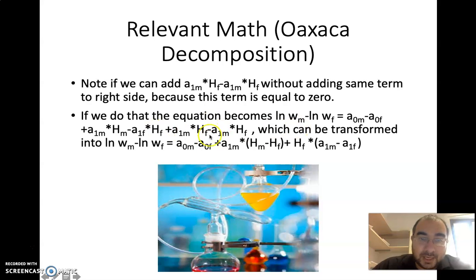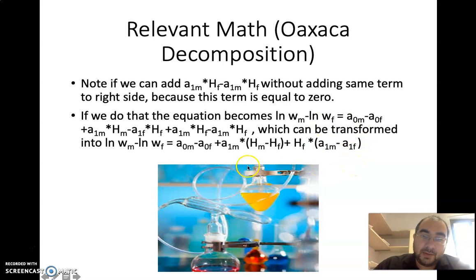No, I'm sorry, minus A1M times HF, and create this term, A1M multiplied by HM minus HF. So we take this term and this term. Plus, for the remaining terms, minus A1F times HF plus A1M times HF. We write them in this way. The A1M is plus, A1F is minus. So we write it as HF times A1M minus A1F, basically.